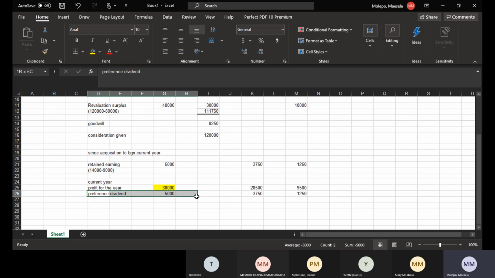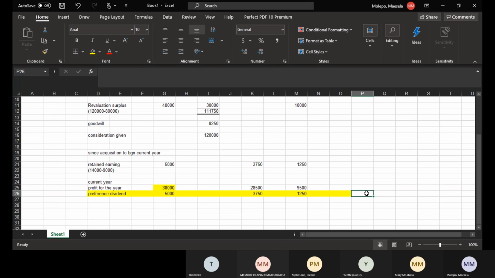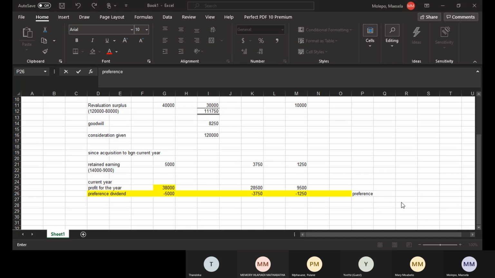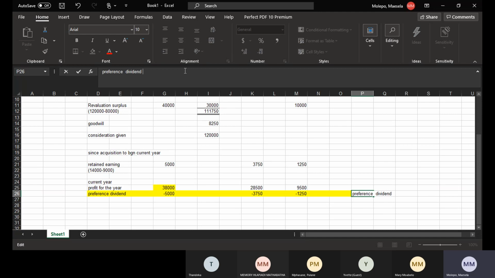So this is the preference dividend based on the profit available. Since when you say 38 minus 5, there's still much profit left of 33,000.